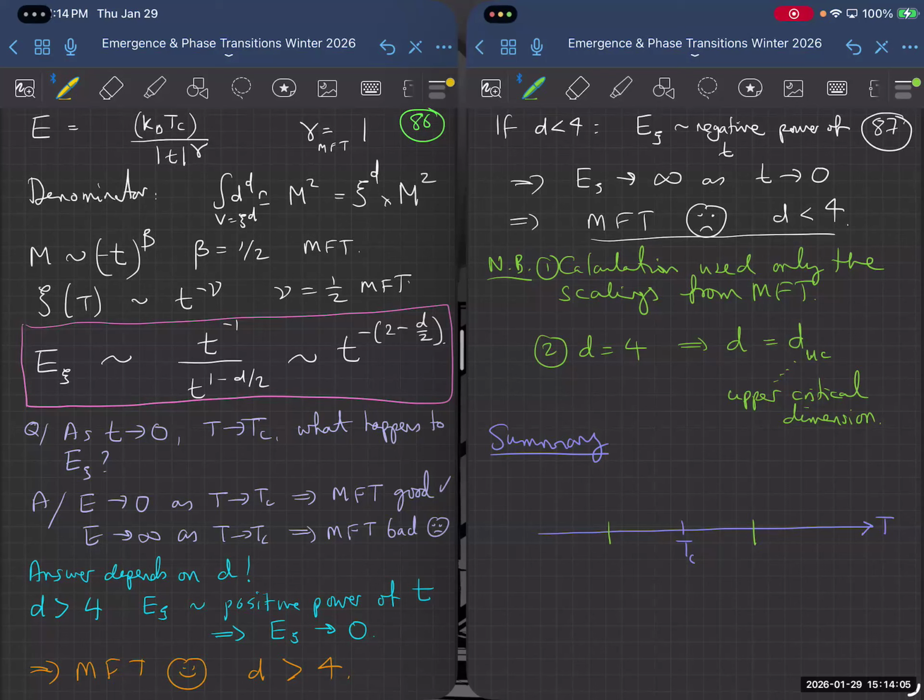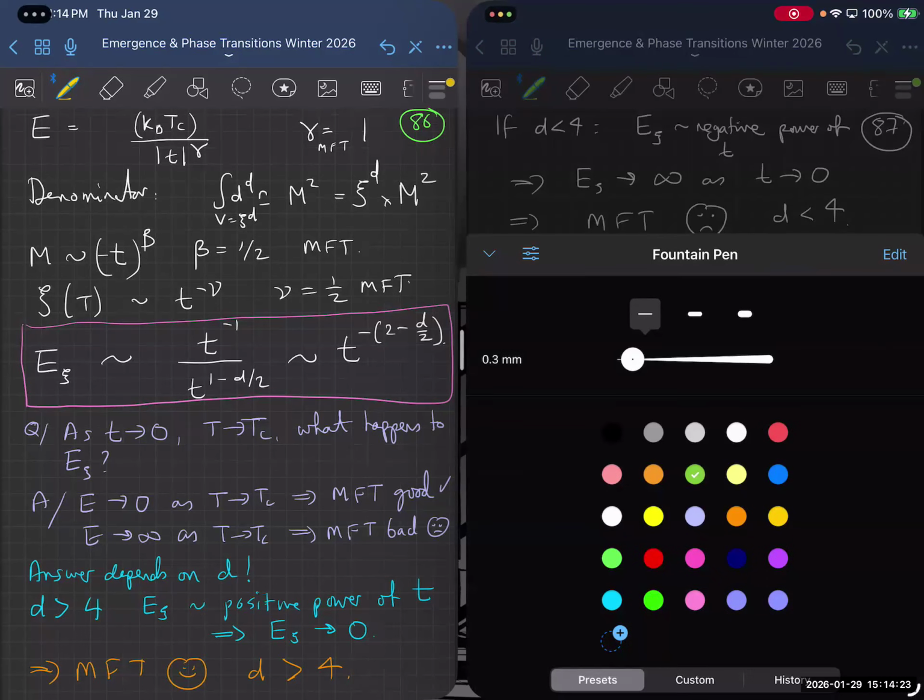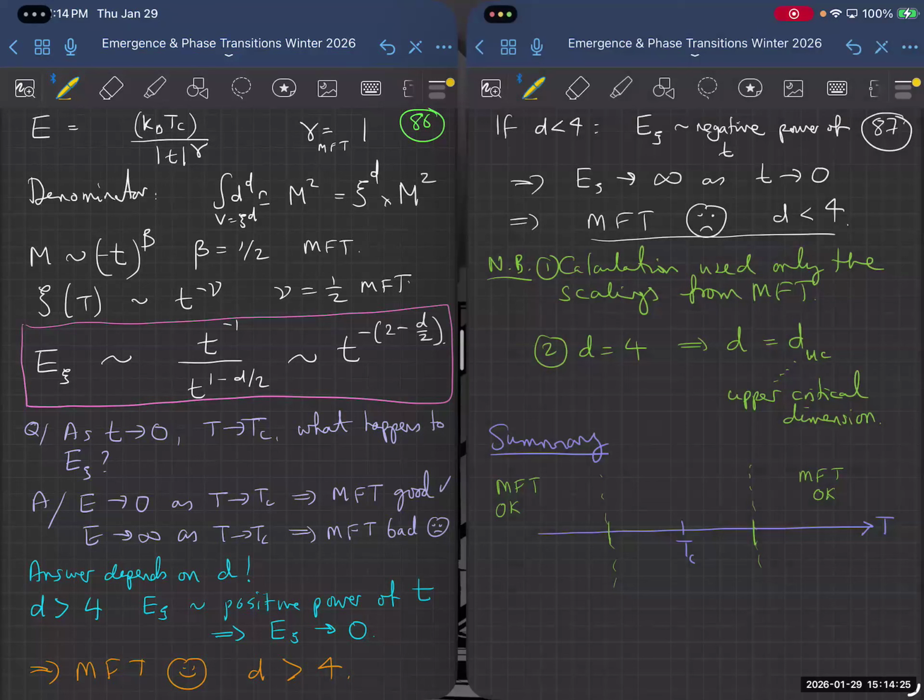So away from it, over here, mean field theory is okay, and here, mean field theory is okay. And then in the middle here is a regime where mean field theory is not okay.